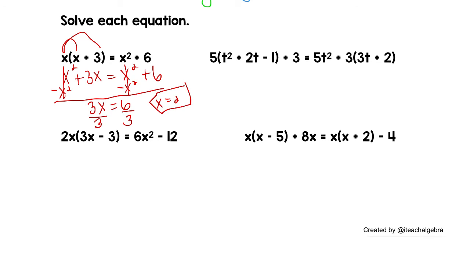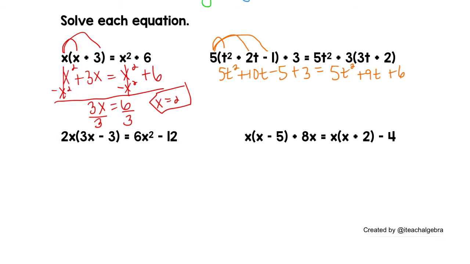All right. 5 times t squared is 5t squared. 5 times 2t is plus 10t. 5 times -1, -5. Plus 3 stays. Everything stays until we get to plus 3 times 3t plus 2. That becomes plus 9t plus 6.